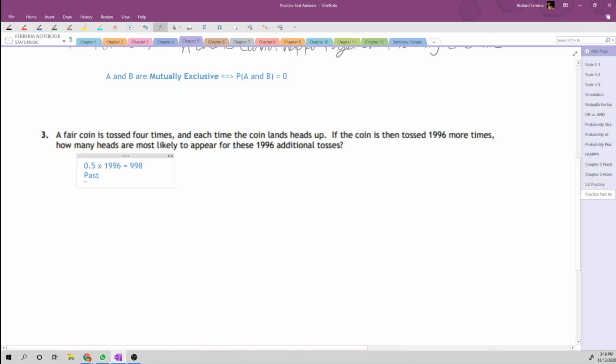So past outcomes do not affect future outcomes. The probability that the remaining 1996 will come up heads is still going to be 50%, regardless of what happened in the first 4 coin tosses.